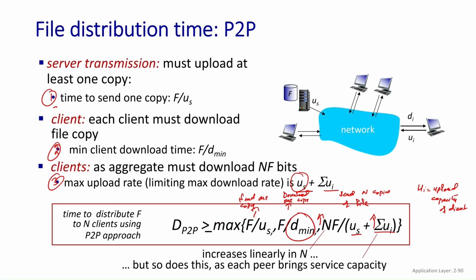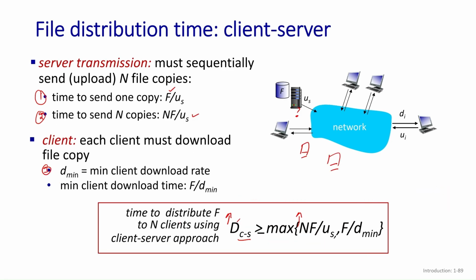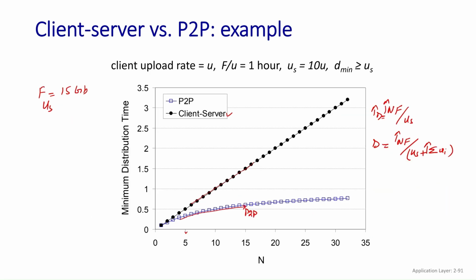You will calculate these three times, and whichever is the greatest will be taken as the file distribution time in the peer-to-peer arrangement. Similarly, using those parameters, you will calculate the time to send n copies of the file and the time to download one copy of the file, and whichever is maximum will be taken as the file distribution time in the client-server environment. Then you will draw this graph.